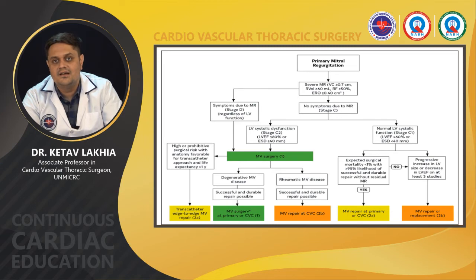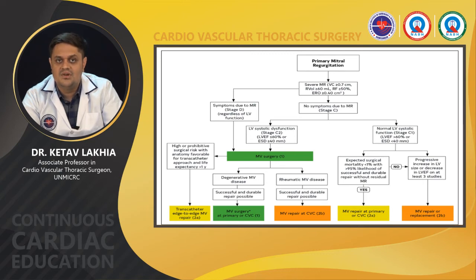So this is a diagram and flow chart showing the various treatment plans, for which patient which therapy is indicated. This is according to the 2020 ACC/AHA guidelines. In case of primary mitral valve regurgitation, severe MR means vena contracta of more than or equal to 0.7 centimeter, regurgitant volume of more than or equal to 60 ml, and ERO of more than 0.40 centimeter square.